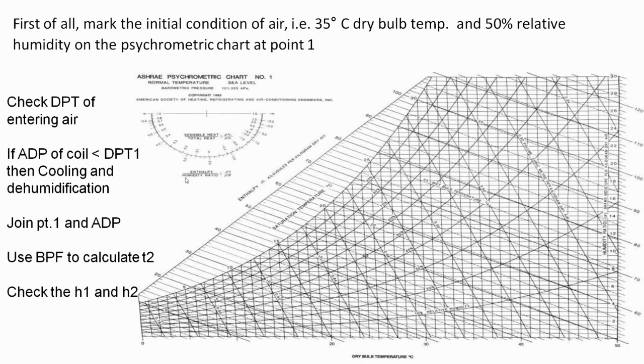This is the main condition of cooling and dehumidification. Using the bypass factor and point number 1, with the help of enthalpies and temperature, we can easily get point number 2, or rather the temperature of point number 2.